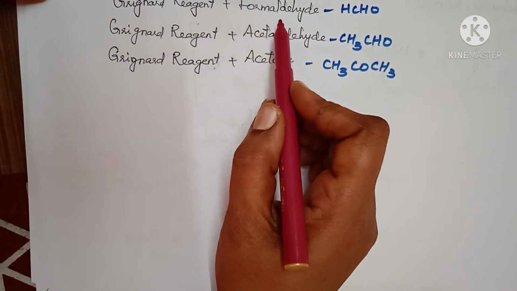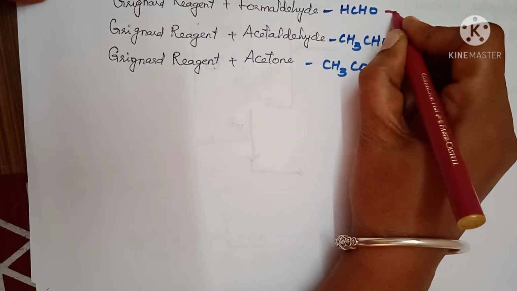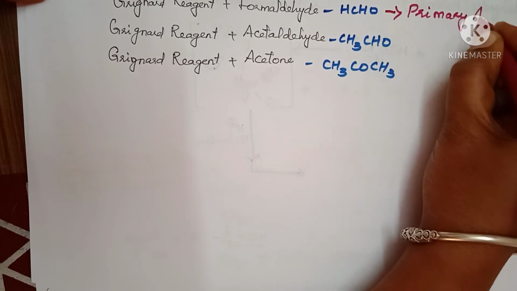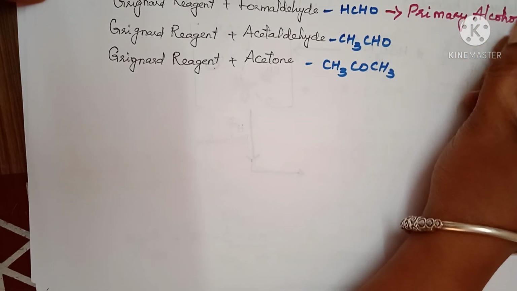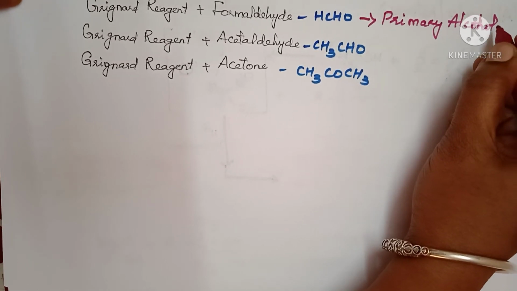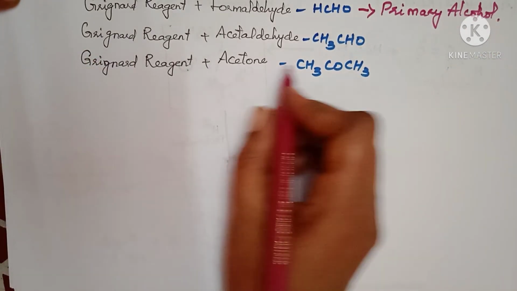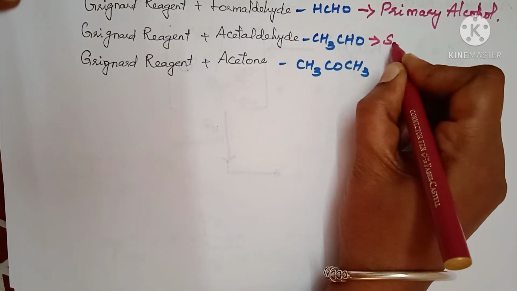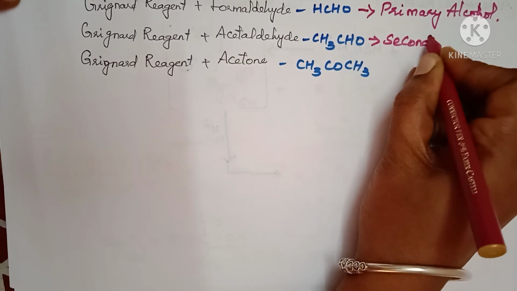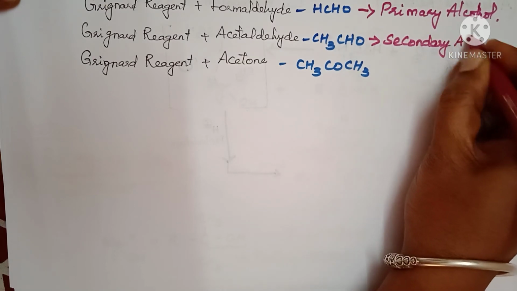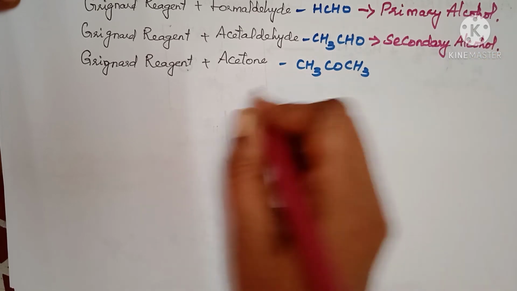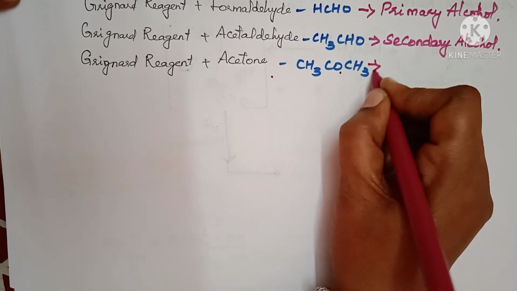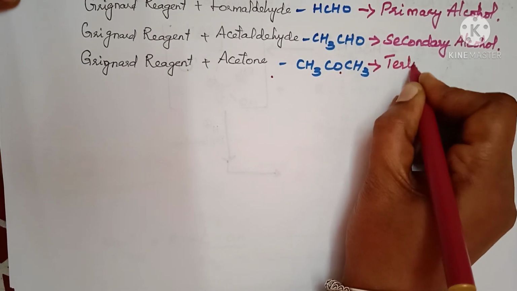Grignard reagent combined with formaldehyde, you are getting a primary alcohol. Then Grignard reagent reacts with acetaldehyde, you are getting a secondary alcohol. Third one, Grignard reagent reacts with acetone, you are getting a tertiary alcohol.